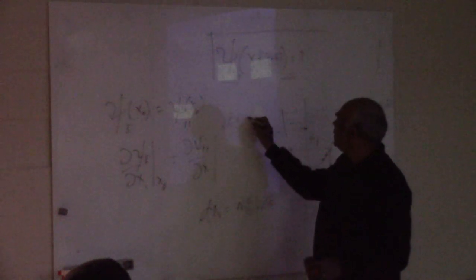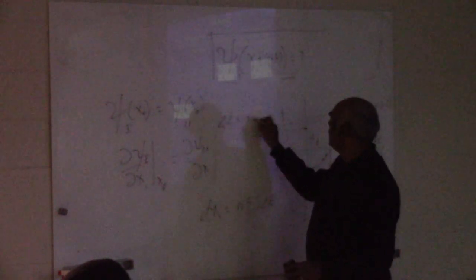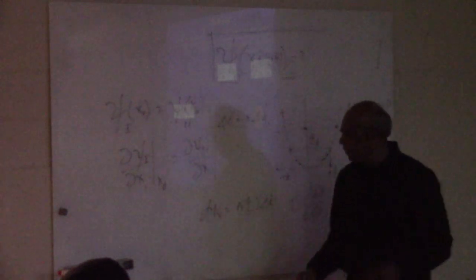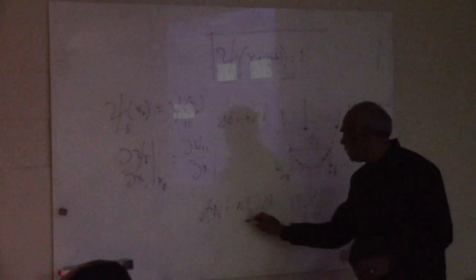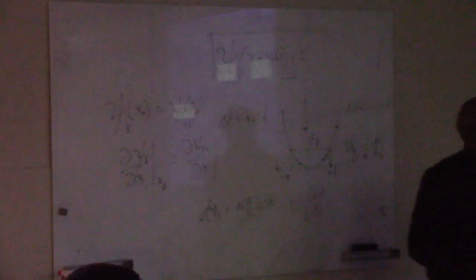If you know E, you can calculate delta E and relate it to delta k. But in the density of states, you only have to consider near the Fermi energy, because this is the Fermi energy, kF.